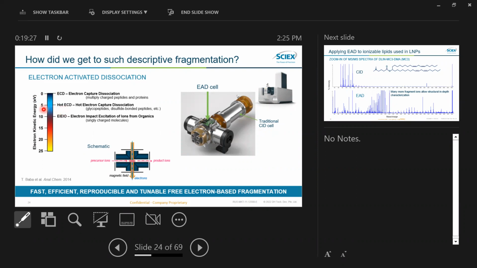But again, we can increase the kinetic energy, and right around 8 electron volts or so, the mechanism switches from electron capture dissociation to electron impact, kind of what you would find in a GC-MS, but again, this is within an LC-MS instrument. This is where we use somewhere around 10 to 15 eV for fragmentation of metabolites.